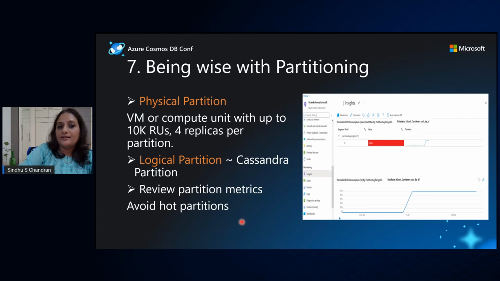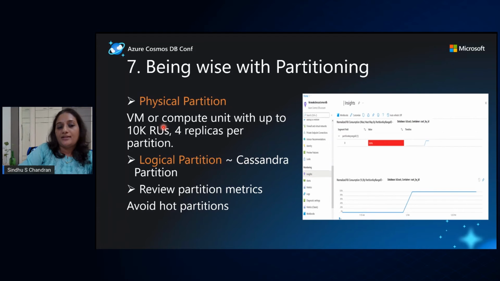Coming to partitioning, if you have been on Cassandra, you must be already using the Cassandra partitioning for improved queries. On Azure, there is a concept of a physical partition, which is the equivalent of your VM or compute unit, and it can have up to 10,000 RUs. There are 4 replicas of the partition created.